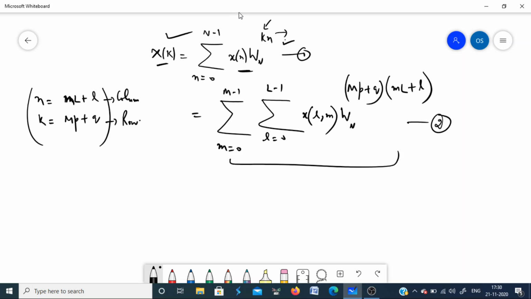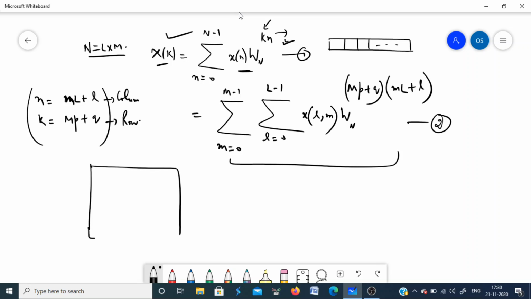Now when this was the case, your data was stored in a single one-dimensional array. Now when you have divided this N as a factor of two numbers L and M, you have stored the data in a two-dimensional array, and we are using the column wise mapping.